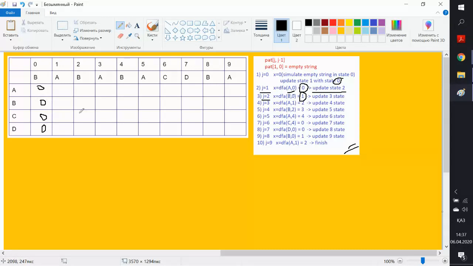And when we check the value of x at the zero state, it will give us x of 0, because for the first time the pattern of j minus 1 will give us an empty string. Then when we are simulating our empty string at the state 0, it will give us a 0.